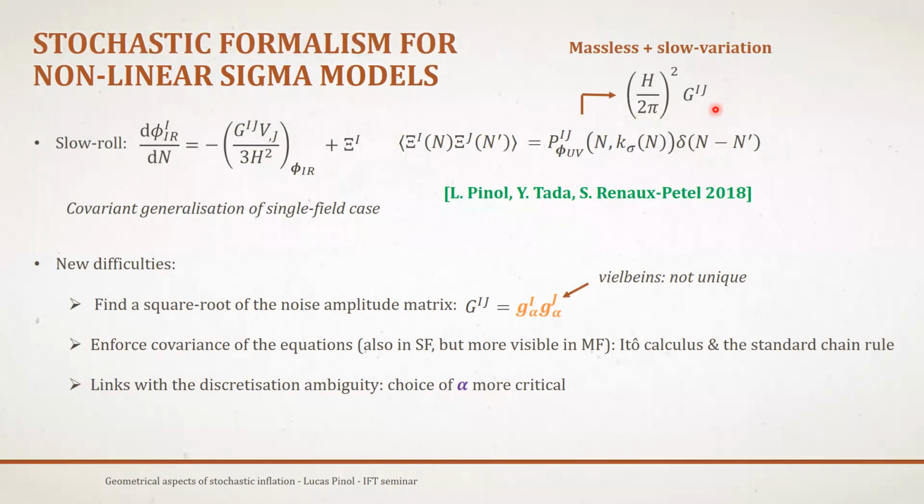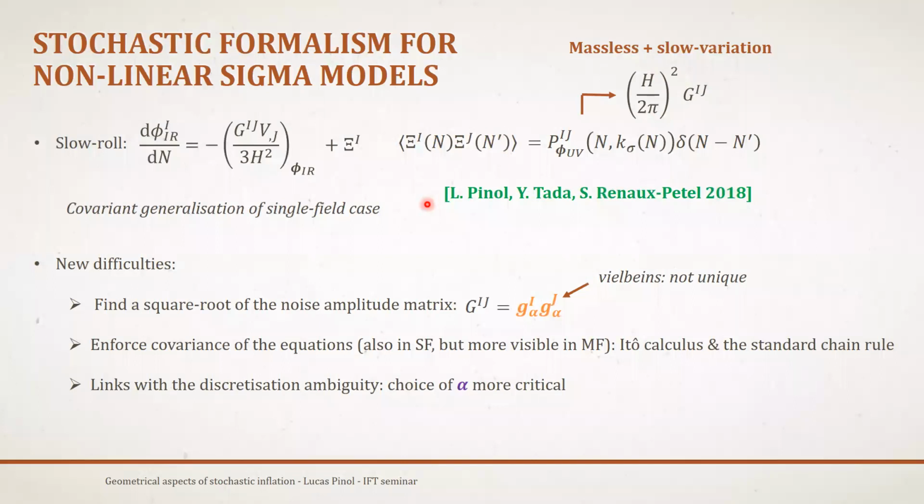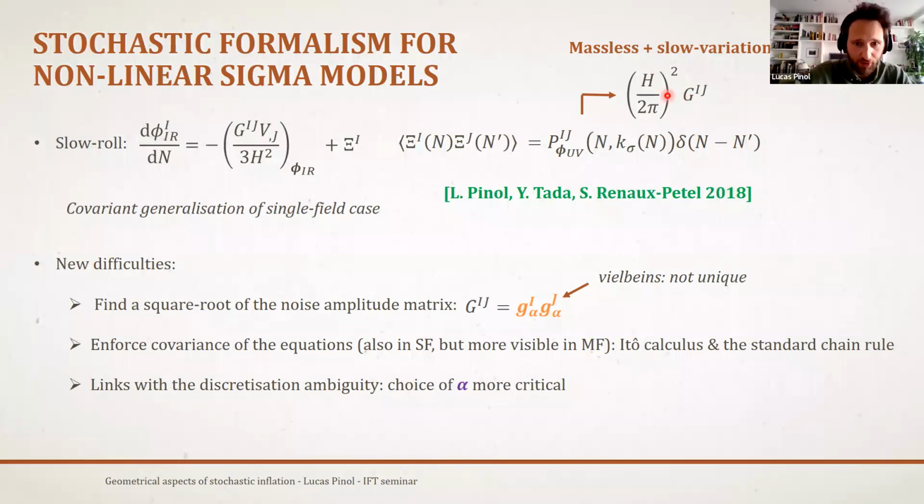Okay, so it's the same. You can show in a massless and slow-varying approximation that the cross power spectra of the scalar fields is just H over 2 pi squared times the field space metric. That's an approximation under this hypothesis, but that's an analytical result. Okay, sorry. I mean, it is the inverse field space metric if you want to be very precise.